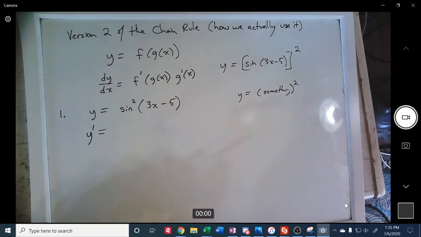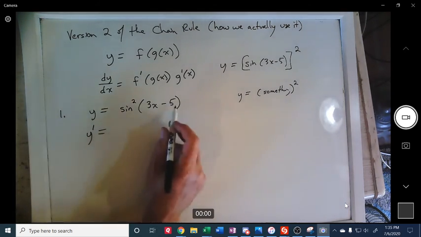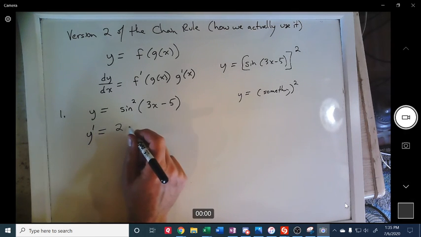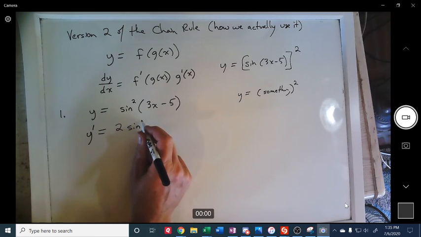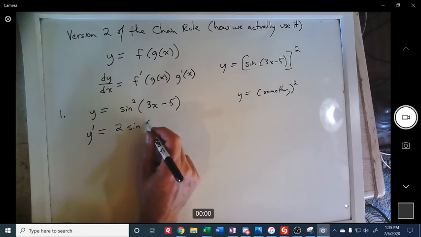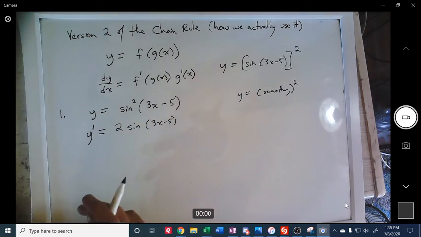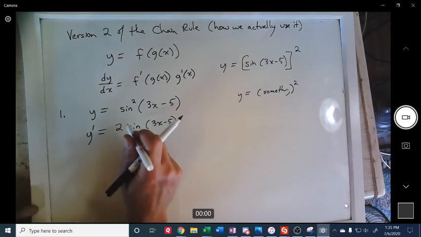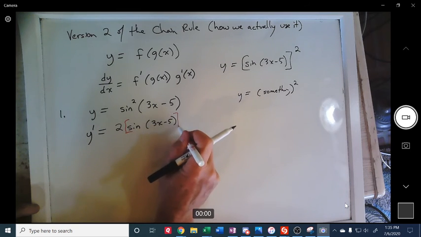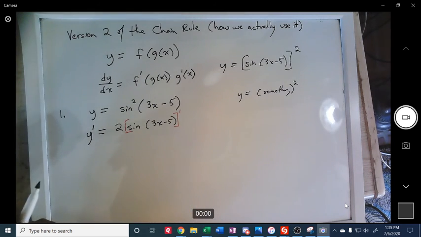All right, so the derivative of something squared is 2 times that thing to the first power. We could put a 1 there, but typically we leave that off. So that's what's in red is usually left off.